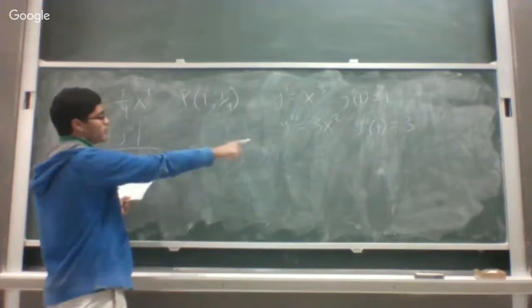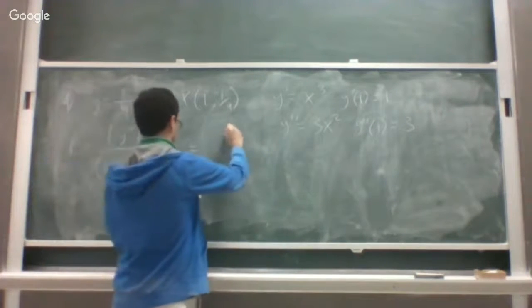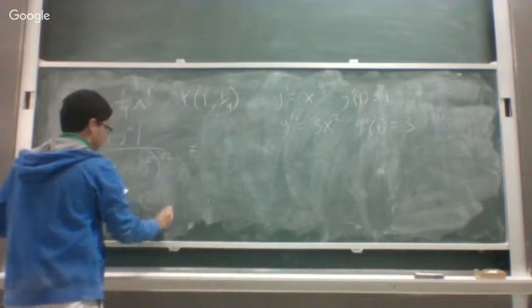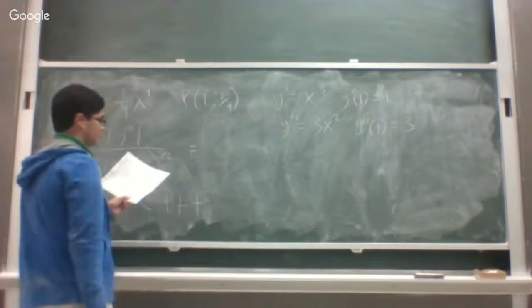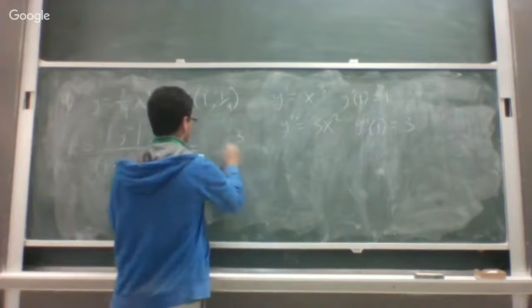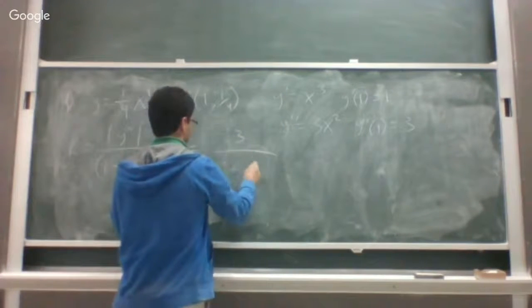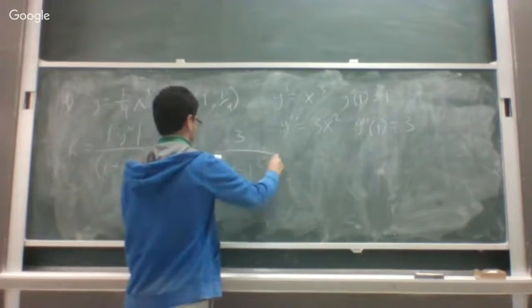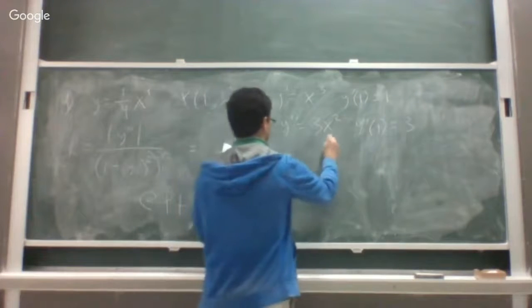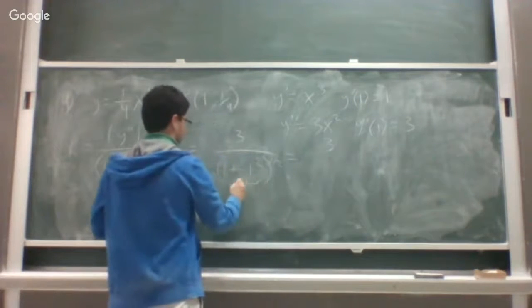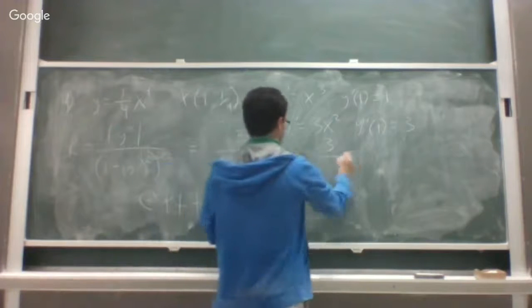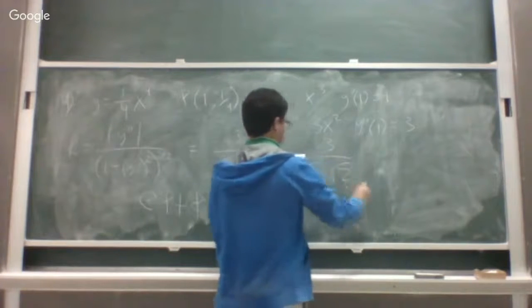Y double prime at 1 is 3. So at point P we have a 3 on top, divided by 1 plus 1 squared to the 3/2 power. So it's 3 over 2 to the 3/2, which is 3 divided by 2 square root of 2.